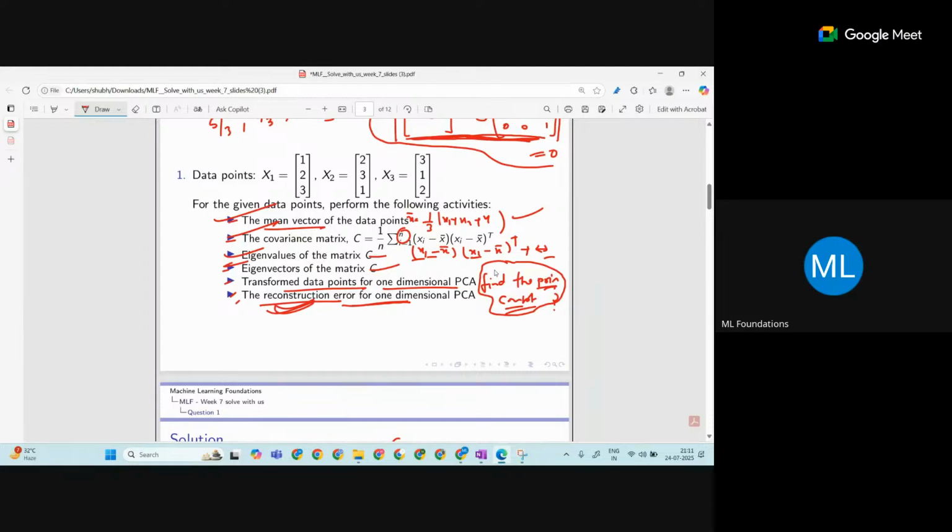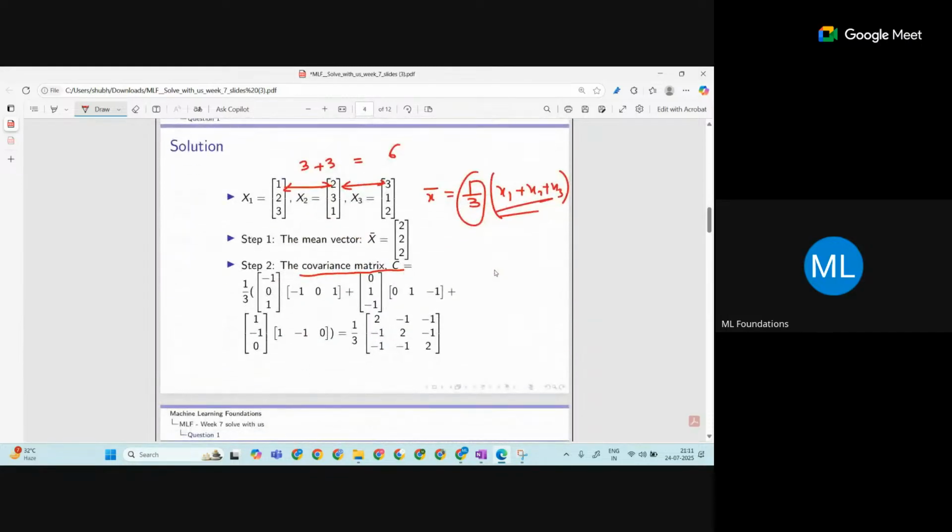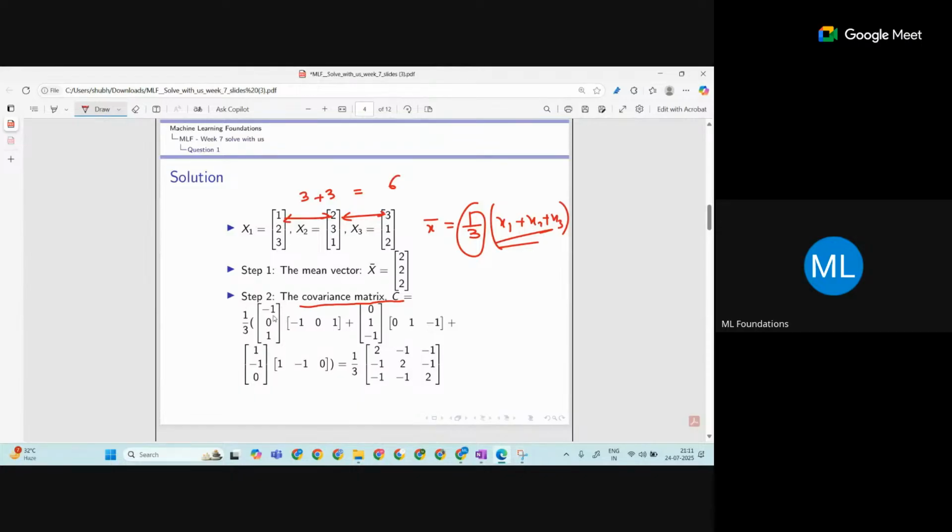By this way, if you see what is done here, this is your x1 minus mean, and this is the transpose of it. Similarly, this is your x2 minus mean, and this is the same transpose of it.